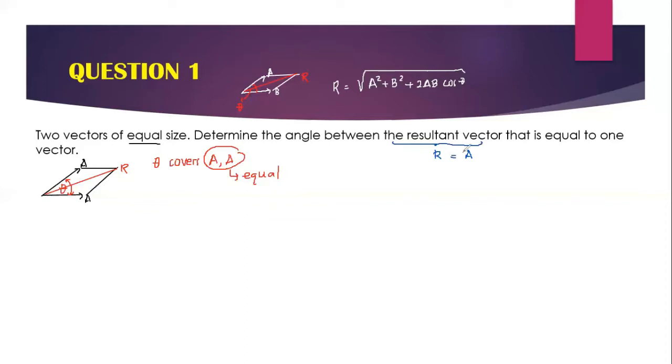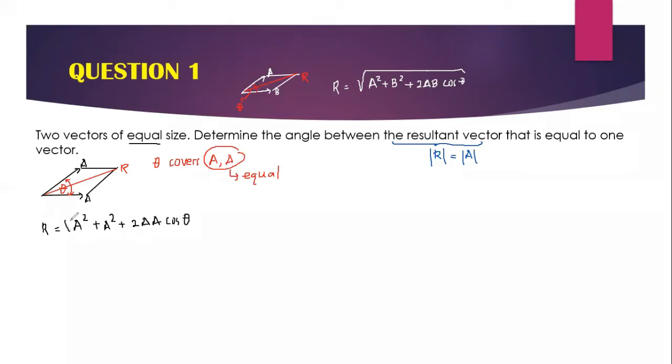So the angle is such that the resultant R is equal to vector A. The magnitude of R equals the magnitude of A. Is it clear, everyone? That's the definition of this statement. Now we go to the resultant first. For both vectors equal, just write R equals the root of A squared plus A squared plus 2 times A times A cosine theta.